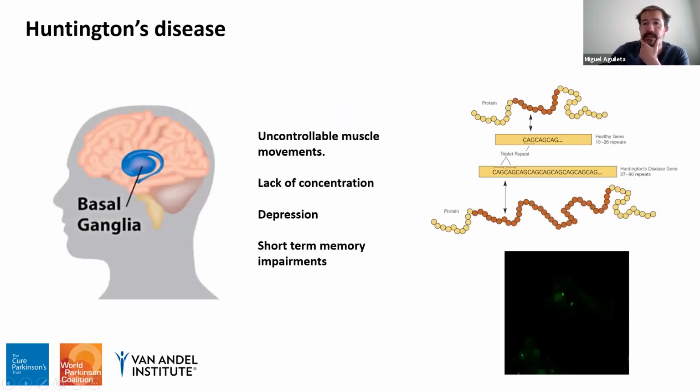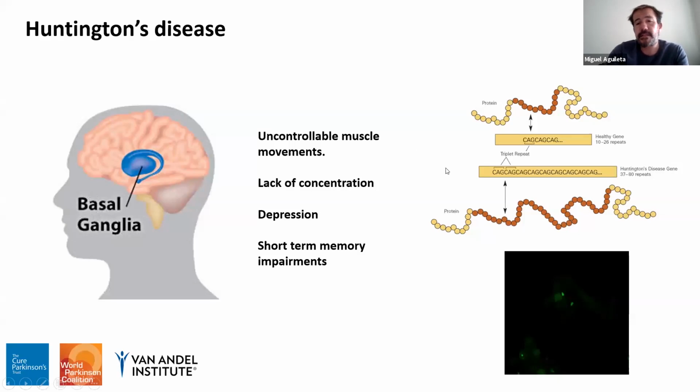So, Huntington's disease presents with motor disorders, but also some other disorders like lack of concentration, depression, short-term memory impairments, and ultimately death. It is caused by the loss of medium spiny neurons within the striatum, and unlike Parkinson's, Huntington's disease is completely inherited and it's monogenic.